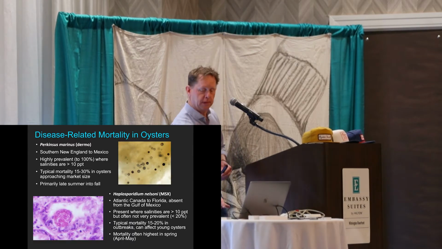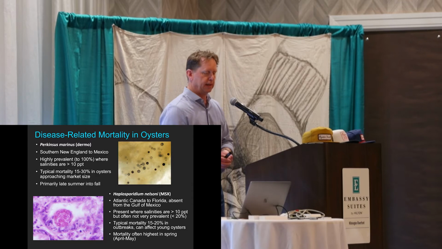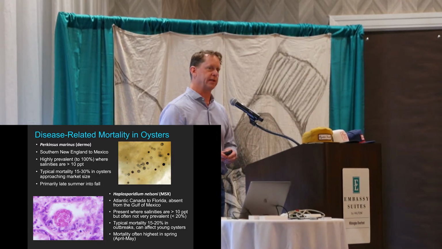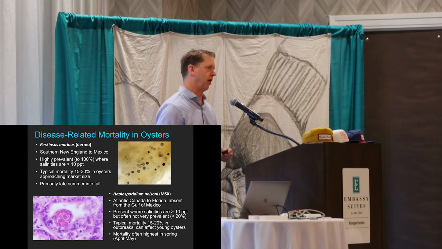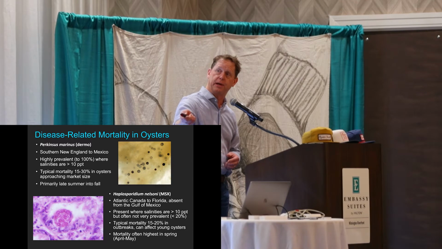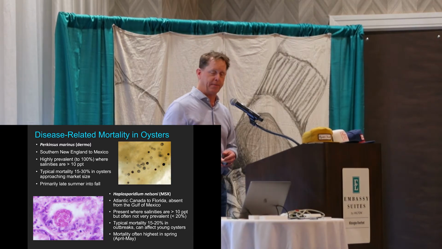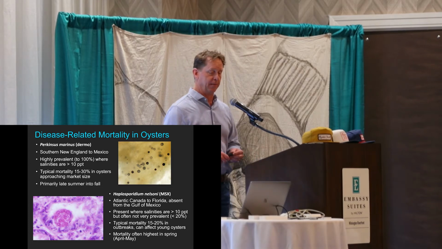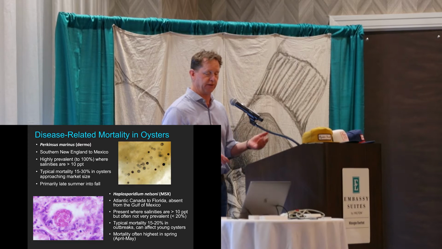So in general, we have a pretty good idea of what the sources of disease and mortality are in oysters in our region, and we have two major pathogens. Perkinsus marinus is the parasite we see in the upper part of this graph. This is dermo disease. This is everywhere in the southeast region, occurring from southern New England to Mexico.